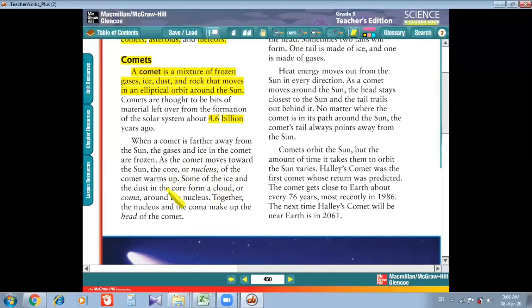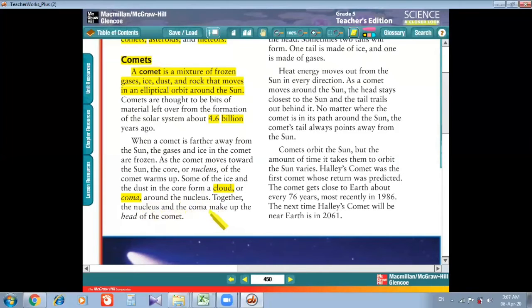Some of the ice and the dust in the core form a cloud or coma around the nucleus. Now when it warms, some of its ice or dust forms a cloud, which we call the coma, around the nucleus.